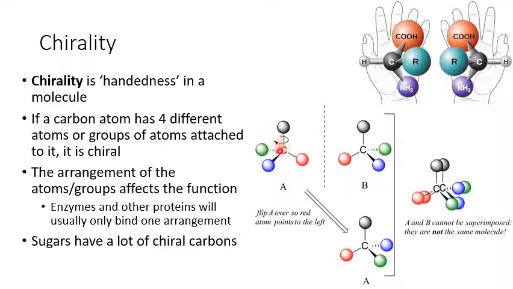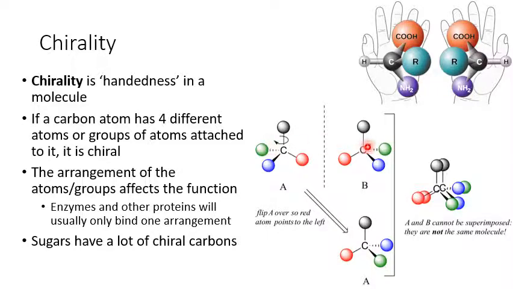Molecule A has a carbon attached to four atoms of different elements. And on the other side, you have molecule B, which also has a carbon in the middle attached to those same four different elements. But the way those attachments are arranged is different.